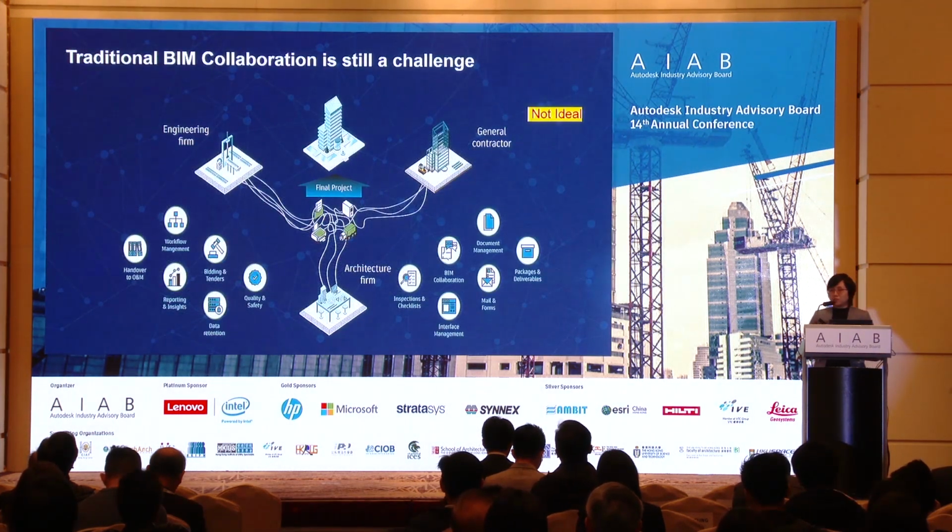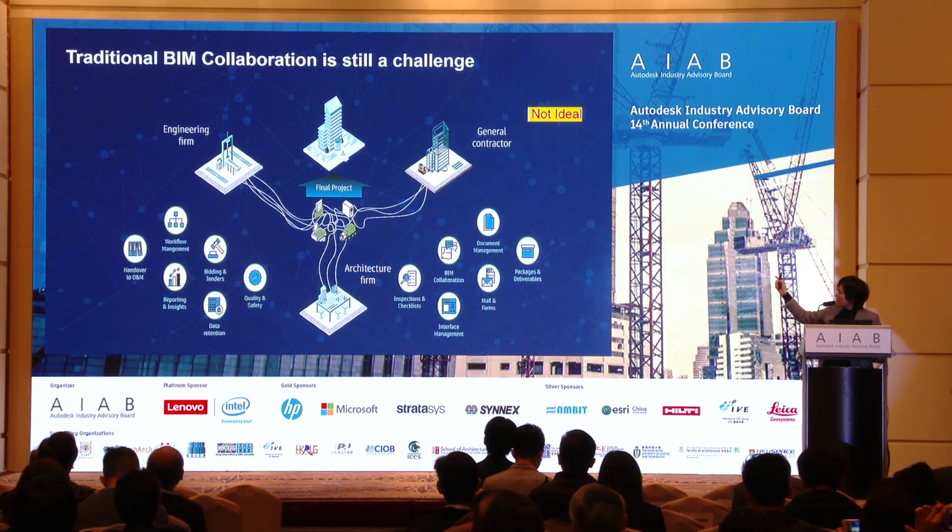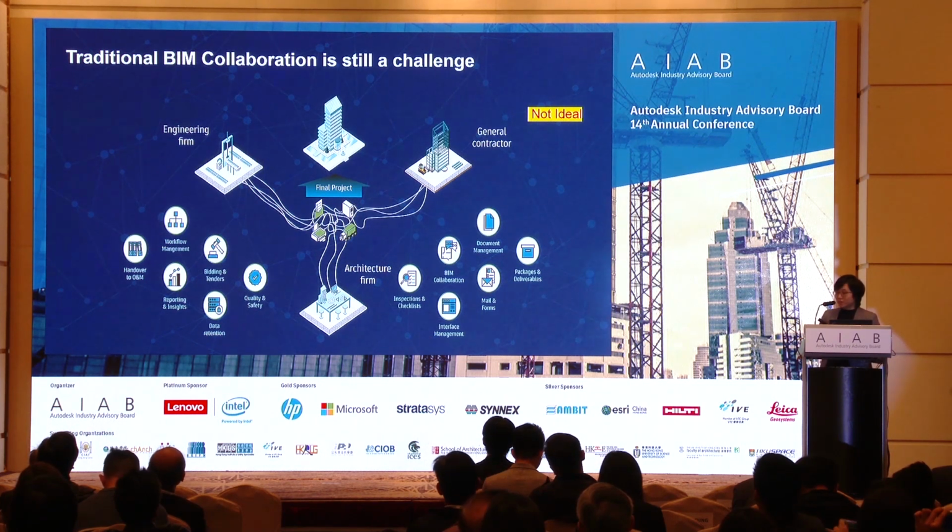So you can look at this diagram. In this diagram, we have at least 4 parties here. In the top center, it is the owner of the project. And the different points, they are engineering firm, general contractor, and the bottom is architectural firm.